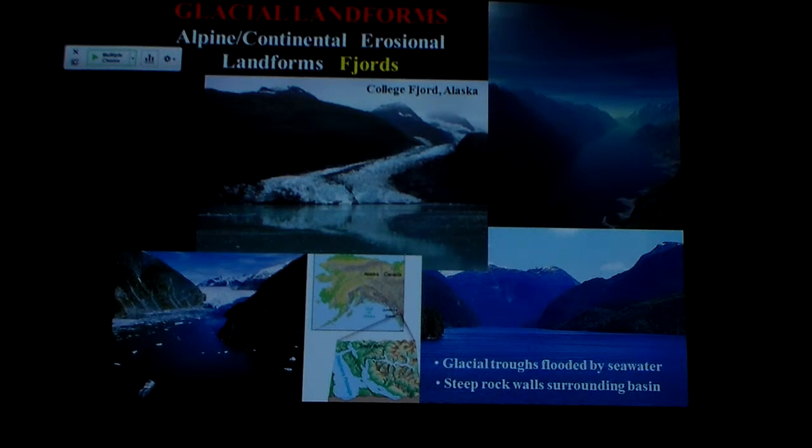And when the ice melts and the seawater floods back into these valleys, we call them fjords. So a fjord, Swedish term, you can see one here, and you can just see kind of the U shape that it appears to have. You see how it's narrow, straight, deep, and you just see how the glacial trough was carved out.